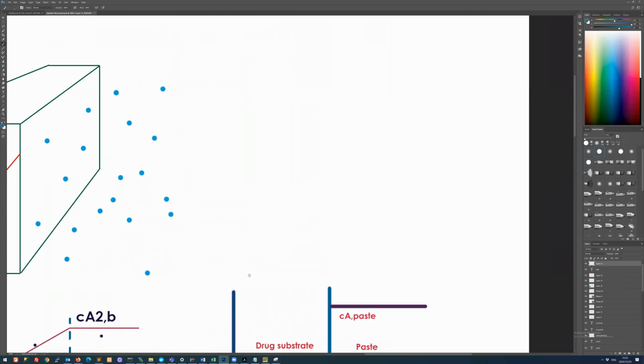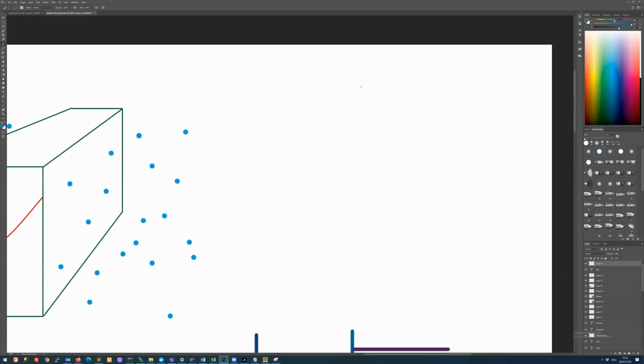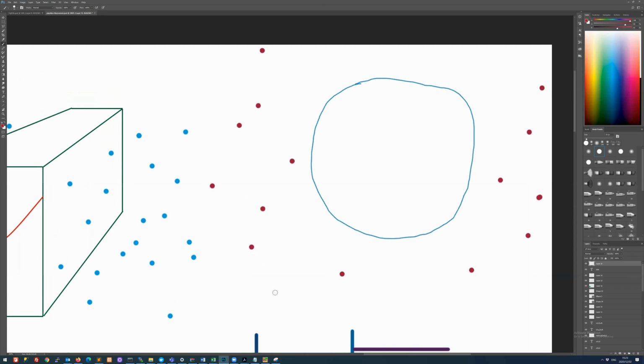So we've got some particles that are exposed to some gas. So out in the bulk here, you've got your sulfur dioxide gas. And we are hoping to trap as much of the sulfur dioxide into our particle as possible.